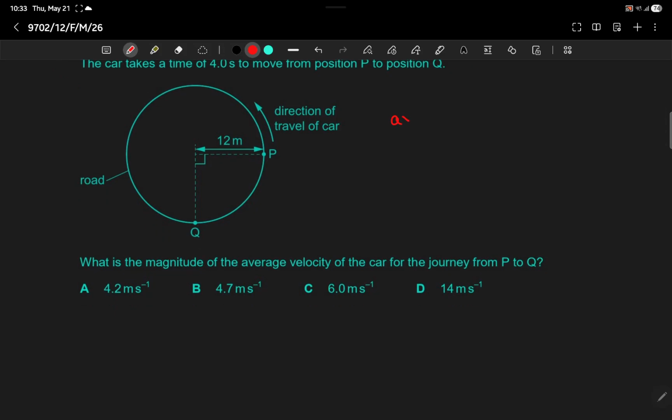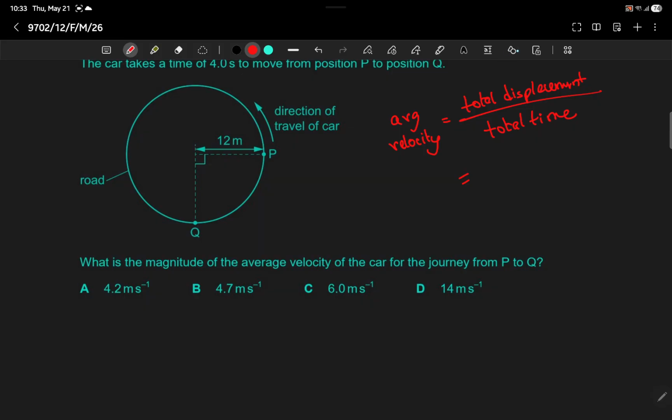Now, average velocity is total displacement by total time. From P to Q, what's the displacement? So this is a right angle triangle, right?